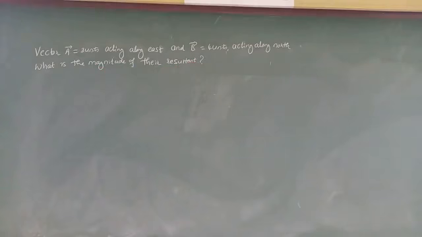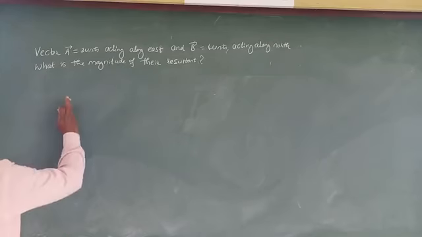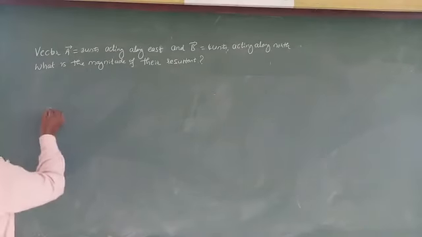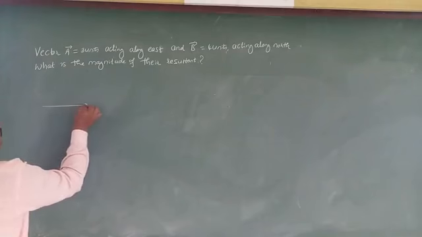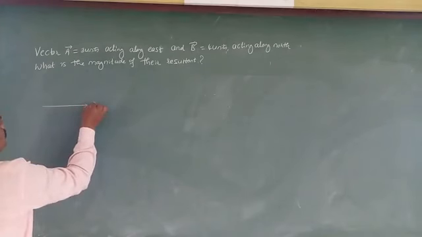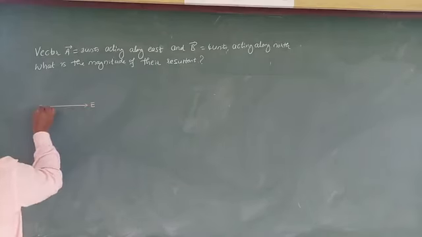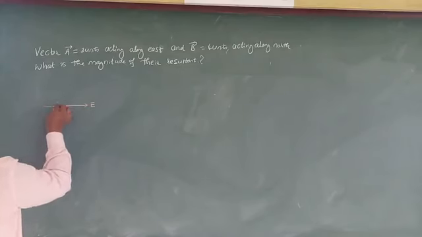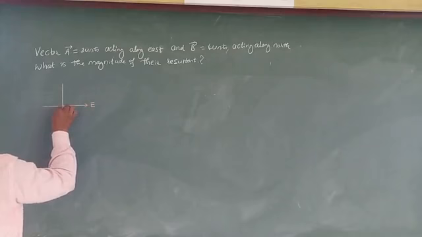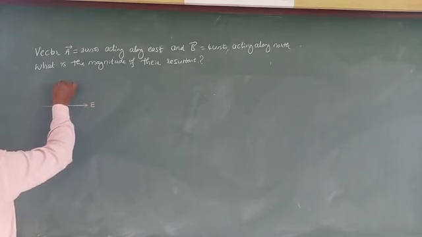Okay, I think all of you already know about the directions. If you are facing towards the board, your right side is east, so definitely the opposite one is west, and the upper one is north.